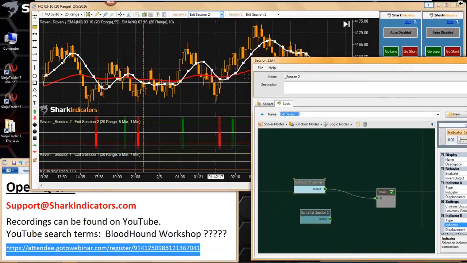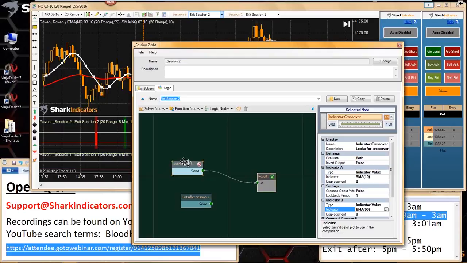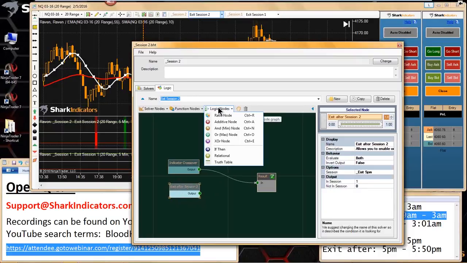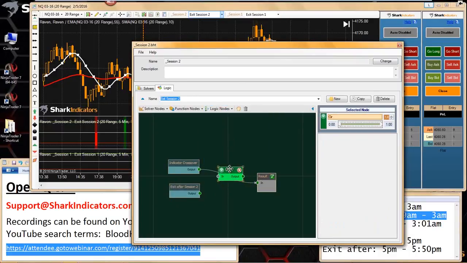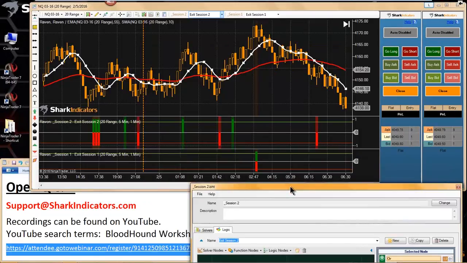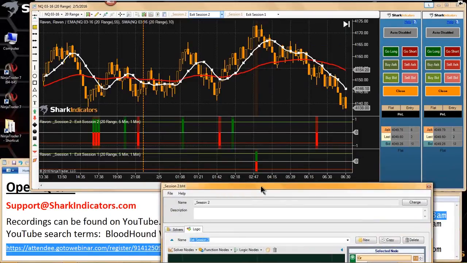So just as an example, if my moving averages cross each other, that's going to be an indication to exit the trade. This is my indicator-based exit logic, and this is just the time-based exit to make sure I get out when the session ends. So all you have to do is connect the two together with an OR node. And now I've got both. There we go.